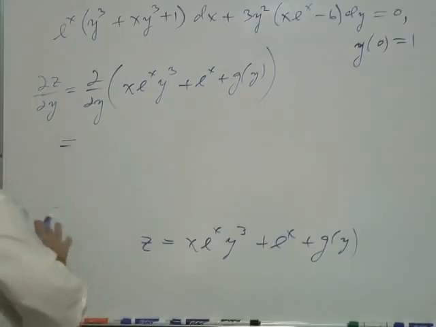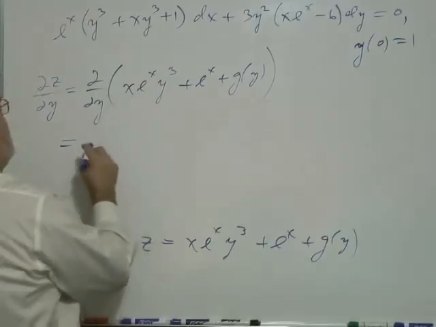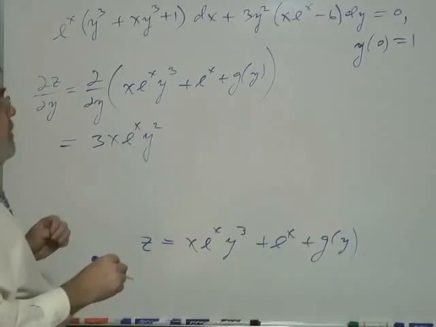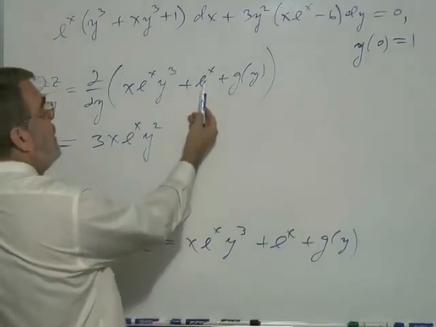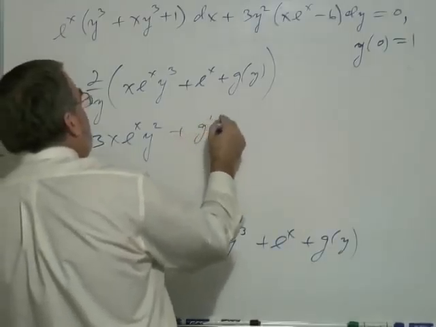Alright, so this partial with respect to y is going to be 3y squared times this. So it's 3x e to the x y squared. That derivative is 0 because it's only in variable x, not in y, plus g prime of y.